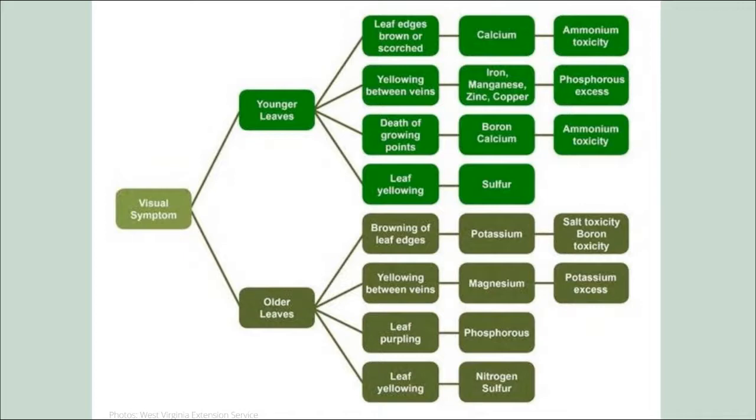Interveinal, you can see those green veins. He mentioned chlorotic veins on young leaves. Okay, so just with that information, it could be iron or manganese. Like I said, I didn't talk about that one, but that is another one that will cause interveinal chlorosis.